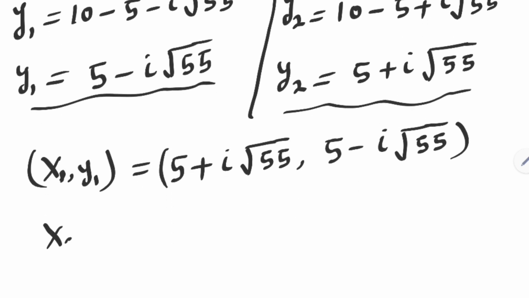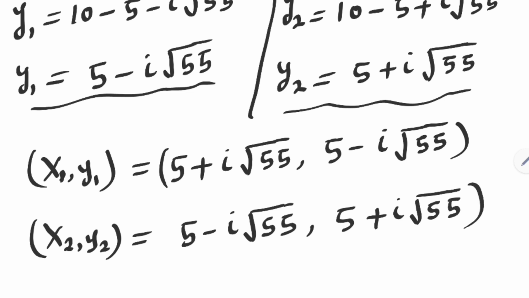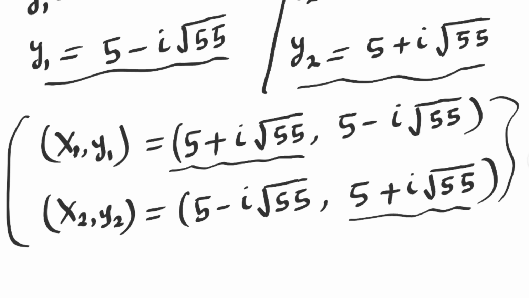Then x2, y2 is equal to 5 minus i square root of 55, comma 5 plus i square root of 55. These are the corresponding values of x and y. You can see that the value of x1 here is equal to the value of y2 here, and the value of y1 here is equal to the value of x2 here. We may check to confirm if this answer is right or wrong.